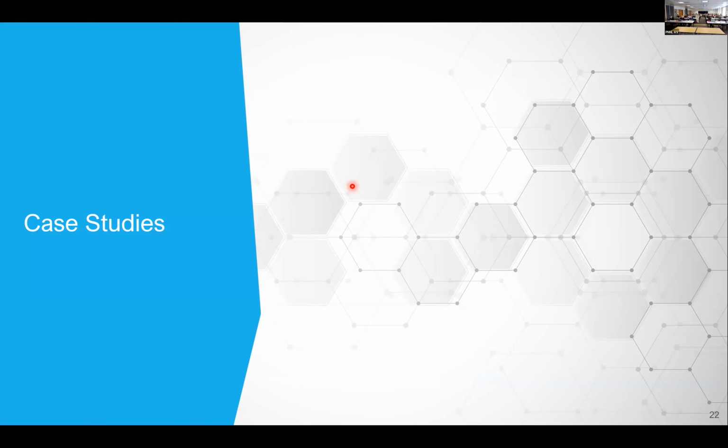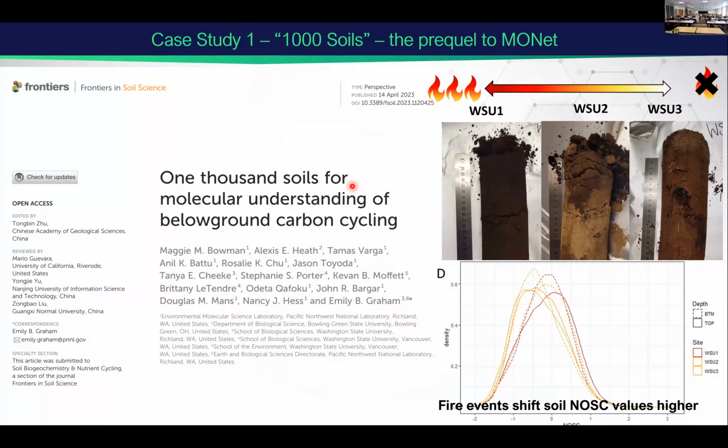So briefly, there's 2 case studies that I think are worth highlighting. There's obviously way more than that, but there's 2 I have time for. The first one is the 1,000 Soils project, which was sort of the prequel to MONet. Now, this paper out in Frontiers in Soil Science really served as an example of the things you can do with data, but as a really powerful demonstration of real samples.